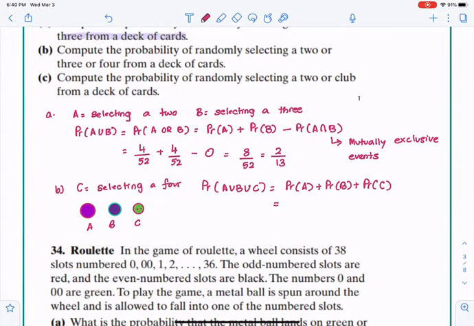So we computed probability of A already, it's 4 out of 52. B already, 4 out of 52. C, probability of selecting a 4. There are 4 4s in the deck of cards. So 4 out of 52 again. That would result in 6 out of 13.